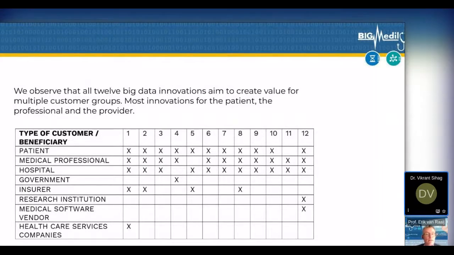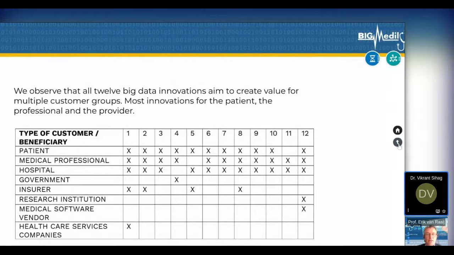Now, for none of them does it count that all the pilots had that particular customer group identified as a beneficiary, but 11 out of 12 mentioned the patient, 11 out of 12 the medical professional, and 11 out of 12 the hospital. And of course, in the presentations that you saw yesterday, but also this morning, you could clearly see how the big data AI innovation could benefit two or maybe all three of those main customer groups.